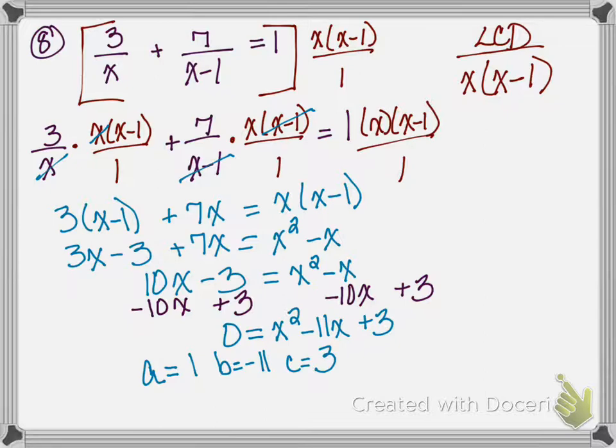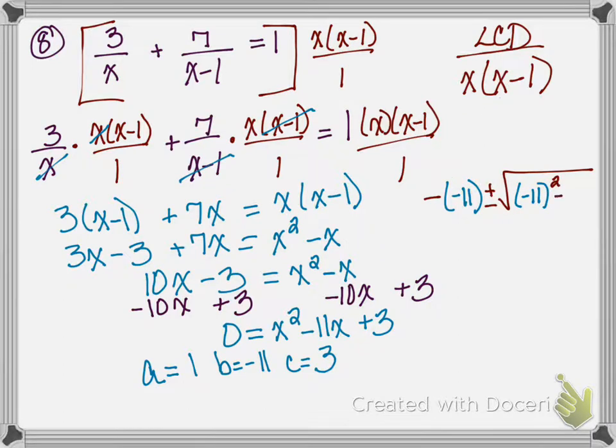So, I've got negative 11 plus or minus the square root of b squared. So that's negative 11 squared.